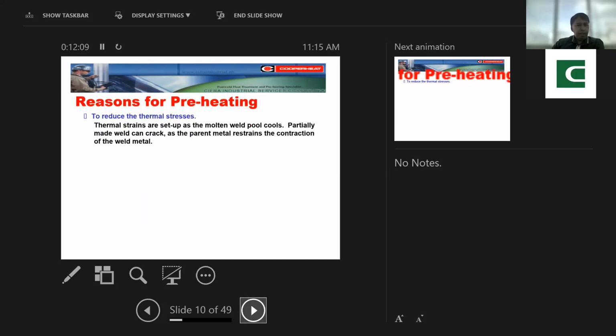And preheating also reduces thermal stresses, the change on expansion and contraction of your metal, and this will have thermal strain on our molten metal that could also create cracking on your material. So preheating reduces fast cooling.